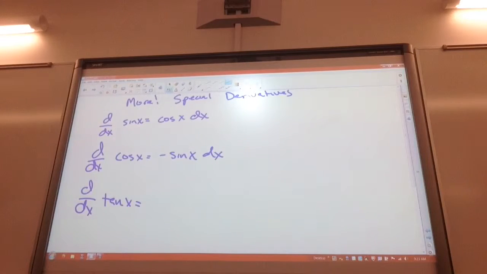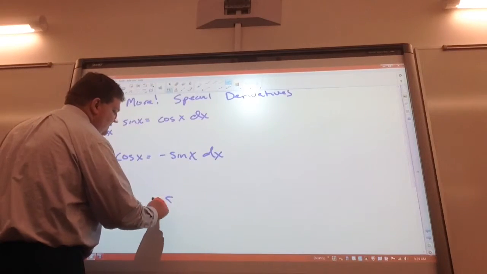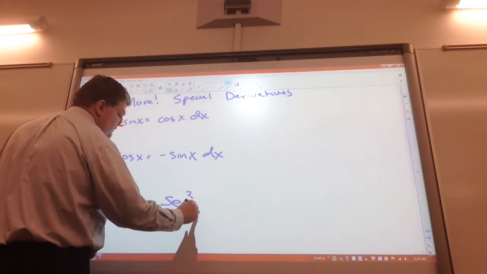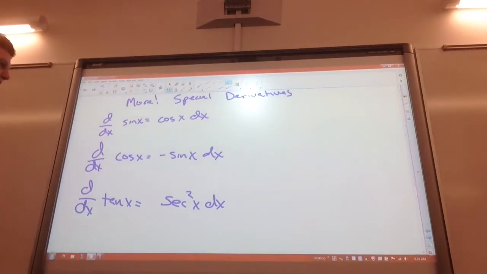But it's a lot faster, especially if we're going to be using it a lot, just to memorize what it's actually equal to, and to treat it like a special derivative like the sine or cosine. It turns out they always come out regularly. So the derivative of the tangent of x is the secant squared of x dx.